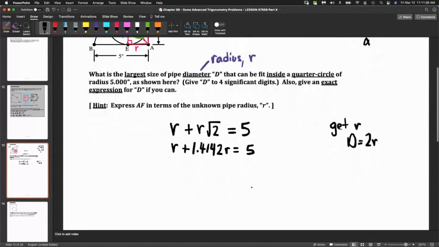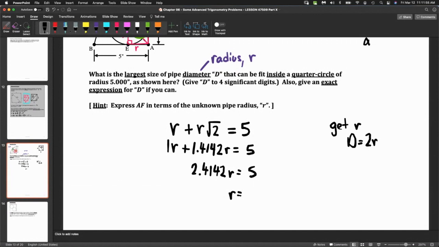Okay, help me finish this, people. We're almost done the question. It's over before you even realize we started. So we have 1r plus that, 2.4142r equals 5. So the answer for r is, please confirm.